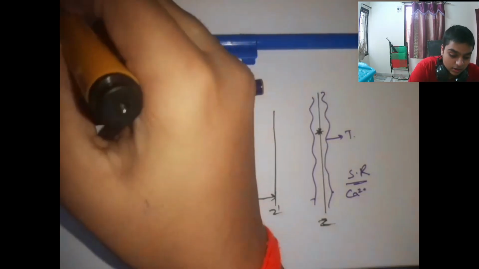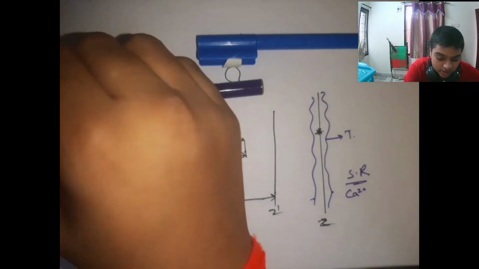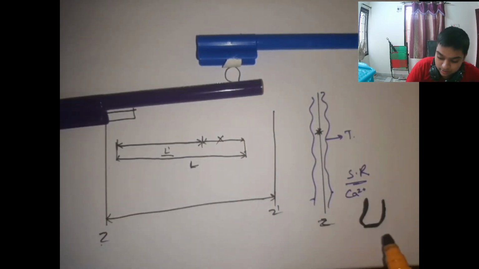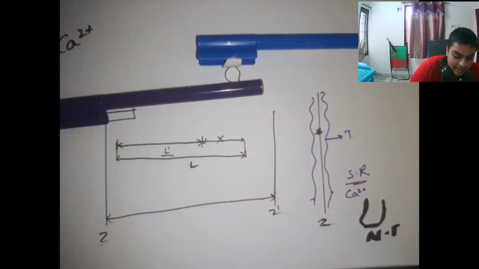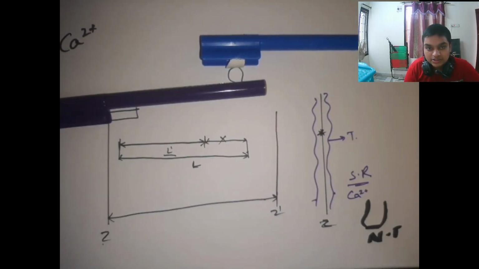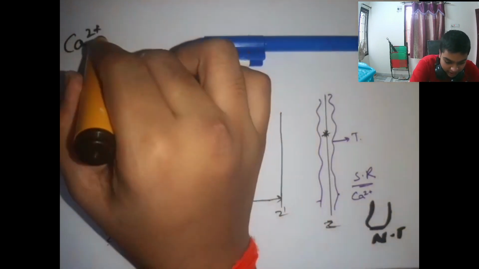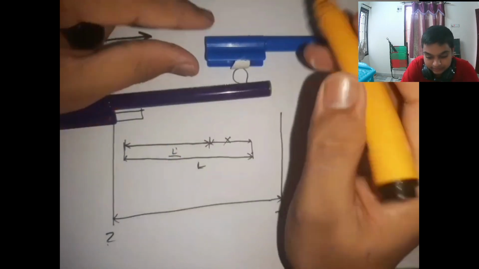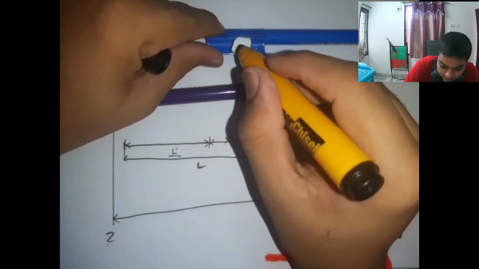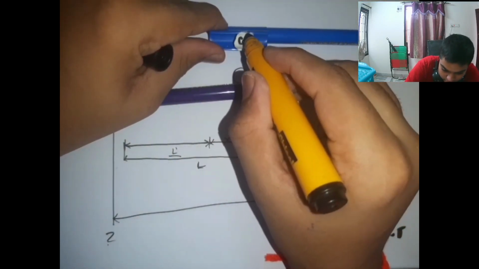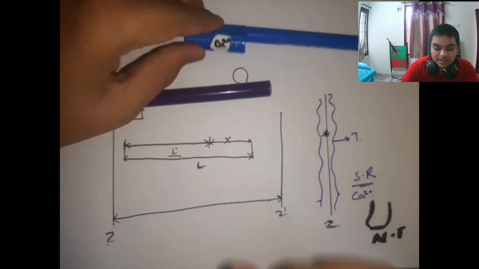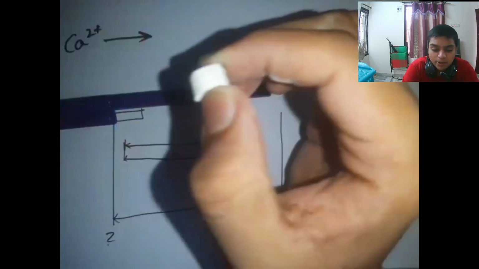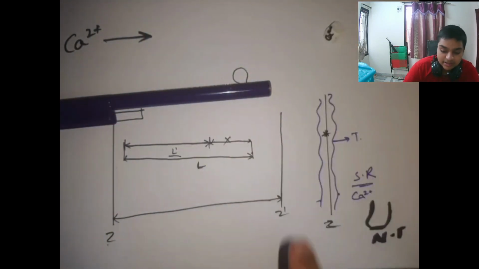Before the Ca2+ ions, what happens? Neurotransmitter is released. With the neurotransmitter release, Ca2+ ions are released. Now with the entry of Ca2+ ions, troponin binds with the Ca2+. Now unmasking is done. The masking of troponin and tropomyosin is removed.